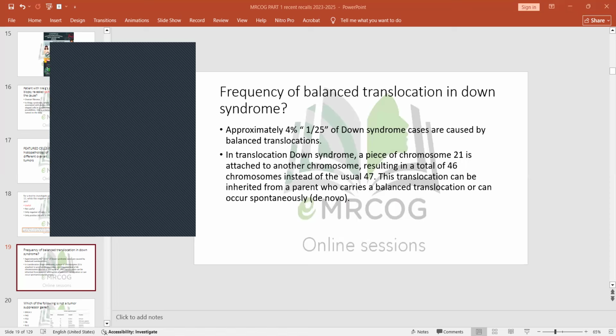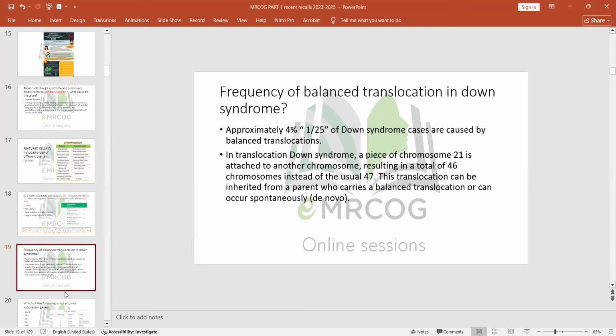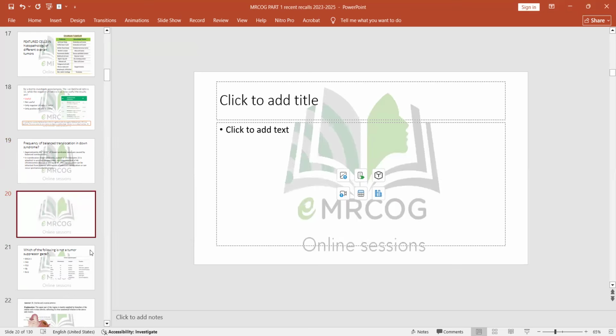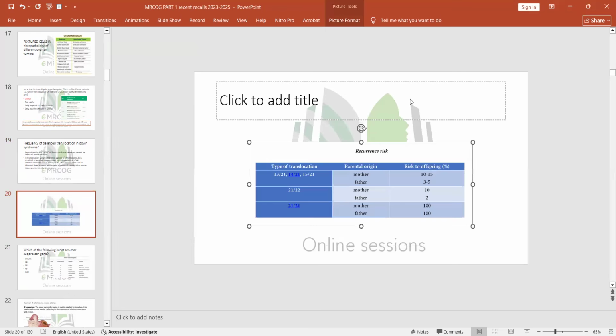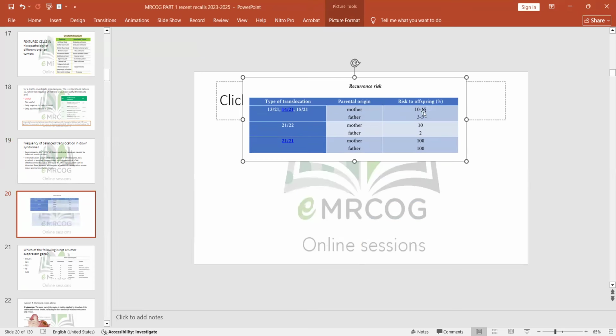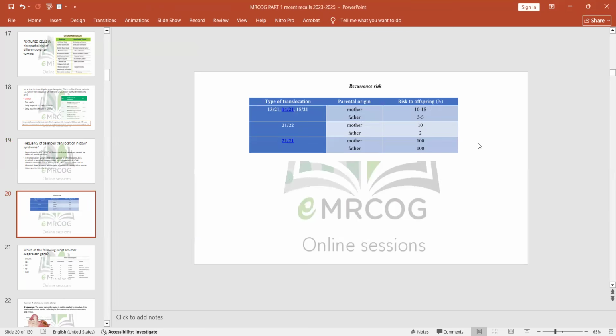The recurrence risk, if a lady was having a special type of translocation, I just need you to know that if the translocation was in the chromosome, sorry, 21, so I'm having now translocation between 21, 21.